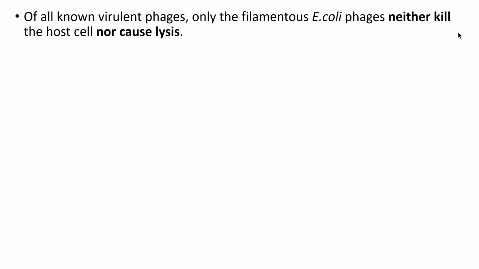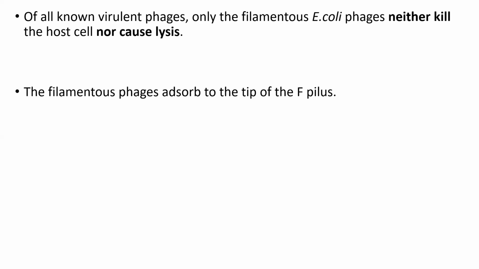So how are they released if they do not kill their host cell or cause lysis? They convert the host cell into a phage-producing factory, as in the case of other bacteriophages as well. But after that, they do not kill the host cell or cause cell lysis. They are released via budding. They may reduce the growth rate of the host cell, but they do not kill it.